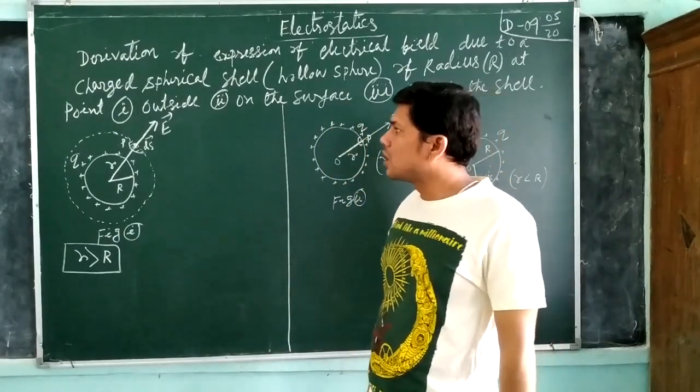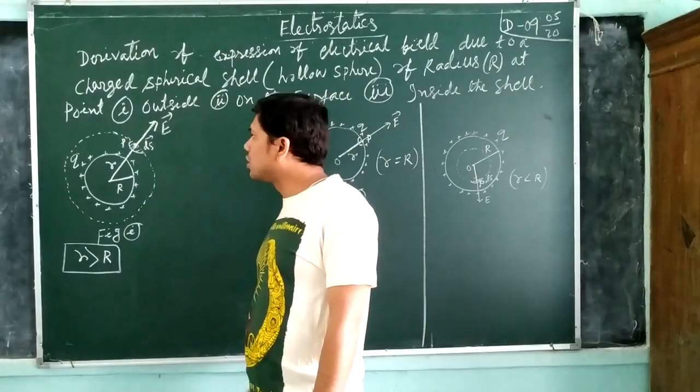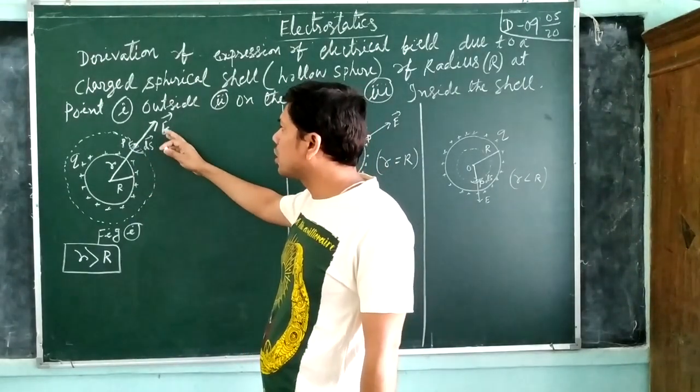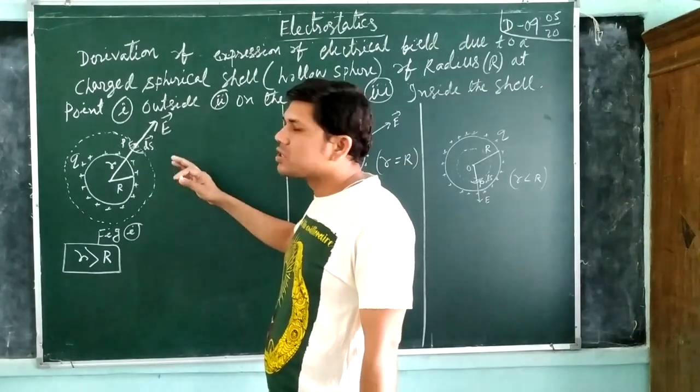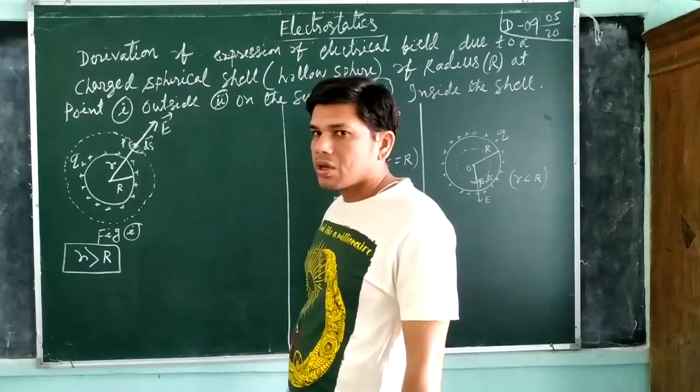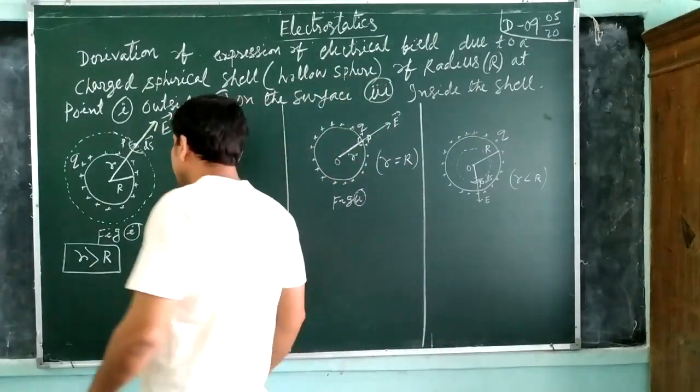The first case is, what will be the electric field due to a charged spherical sphere or hollow sphere at a point which is lying outside the spherical shell. Now, in figure 1, it is shown here.